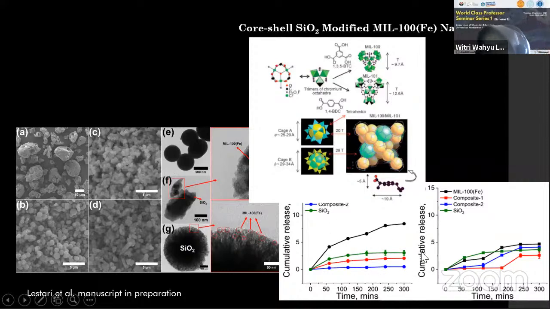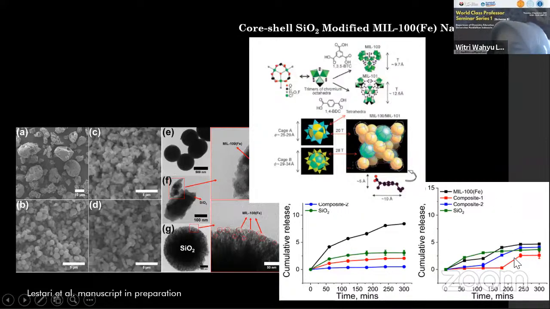Surprisingly, here the left side is at pH 7.4, and the right is pH 5.8 in the acid condition. It's clearly seen that if we just have a MOF as a matrix for drug release, it has explosive release or higher release, because the MOF itself is sensitive to pH.